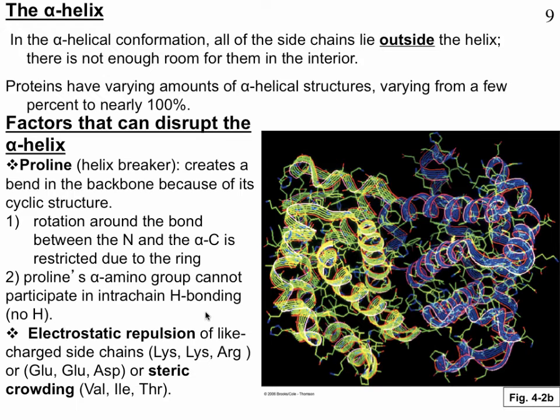This is because the rotation around the bond between the nitrogen and the alpha carbon is restricted due to the ring bonding back onto the main chain atoms, and the fact that in a polypeptide, the proline's alpha amino group cannot do interchain hydrogen bonding.